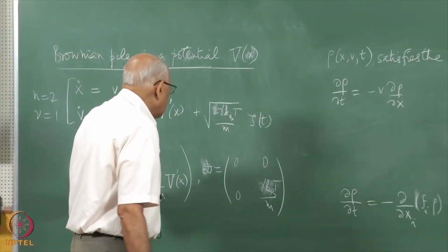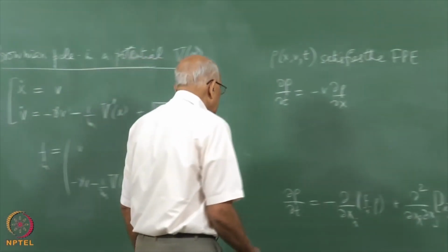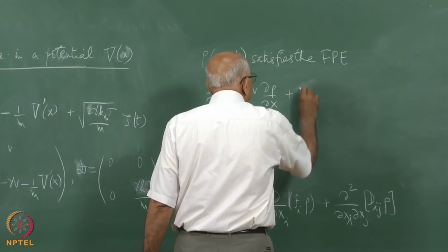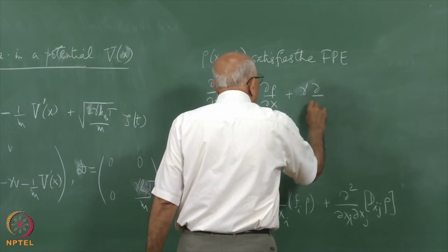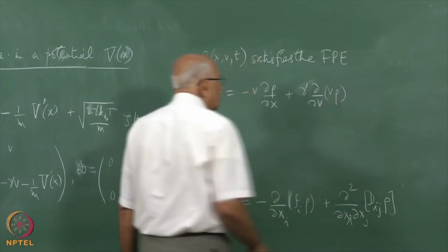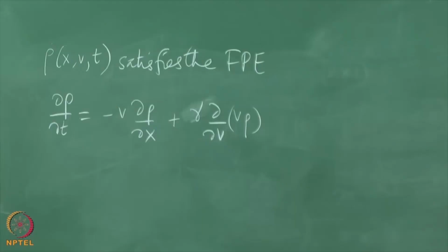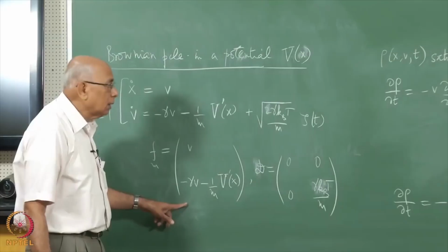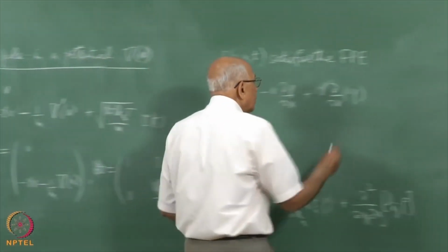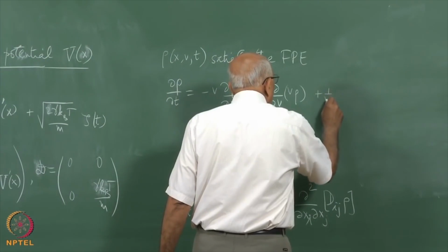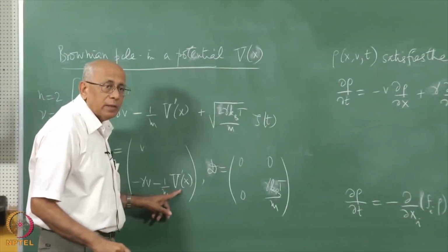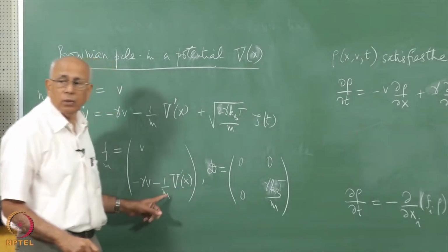And then there is another term here, and what is that? That is equal to plus gamma delta over delta v of v rho, that is this portion, takes care of this, and then there is a plus 1 over m delta over delta v of V prime of x times rho, but V prime is independent of v.